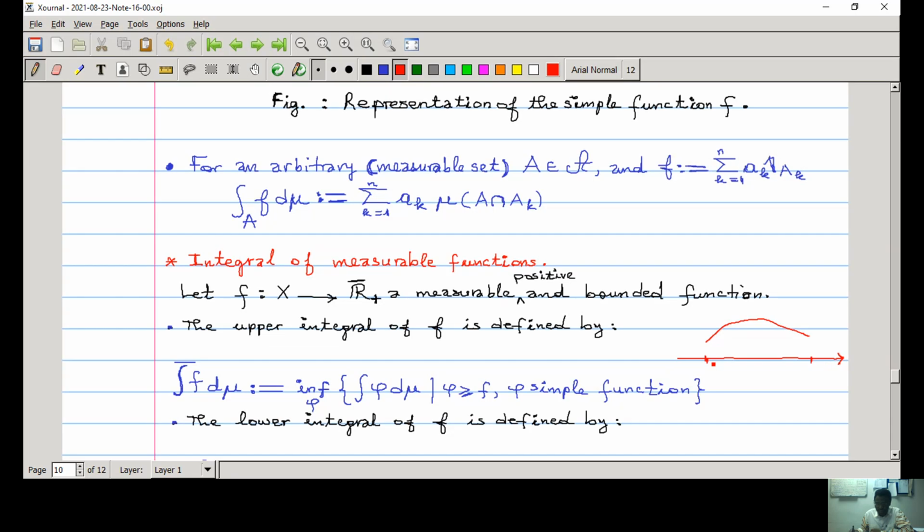What you partition instead is the range of the function. So the function takes values from here up to there.